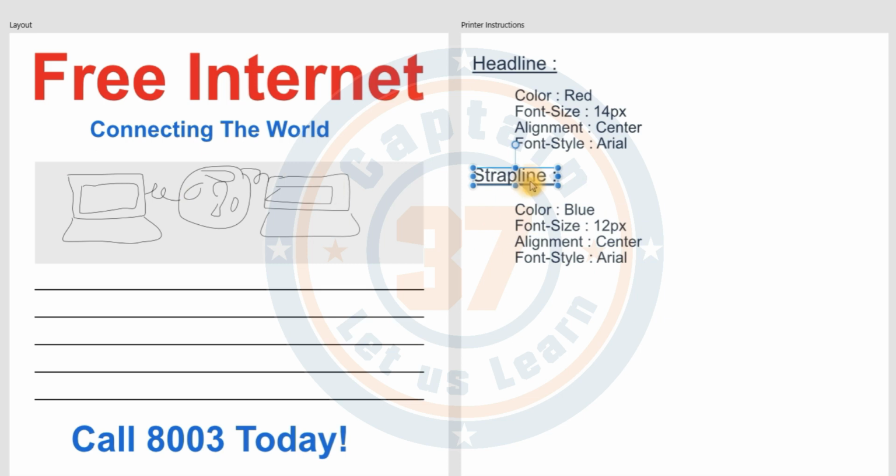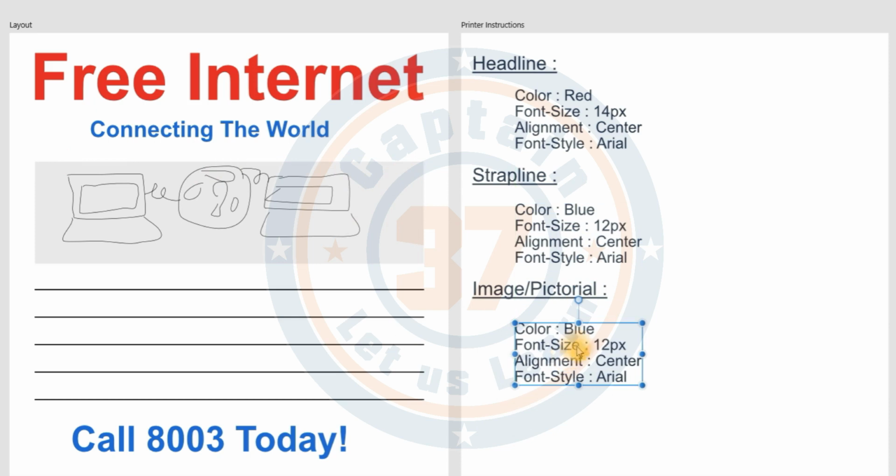Okay, just copy this down here, and I'll say image. Image is like this, or I'd say pictorial. There is not much I can write about pictorial because there isn't text, but there are a few things I can take note of. So for example, this particular pictorial has a size.